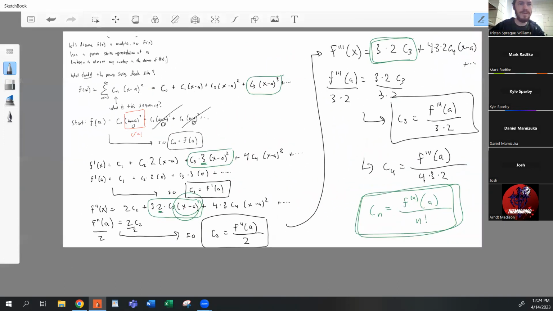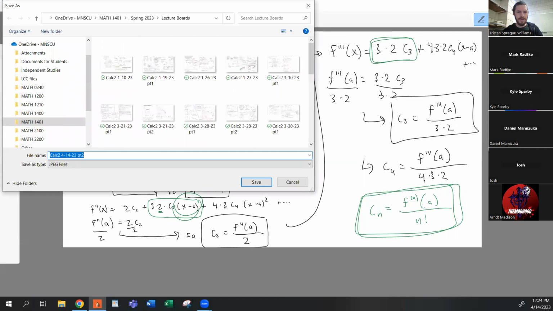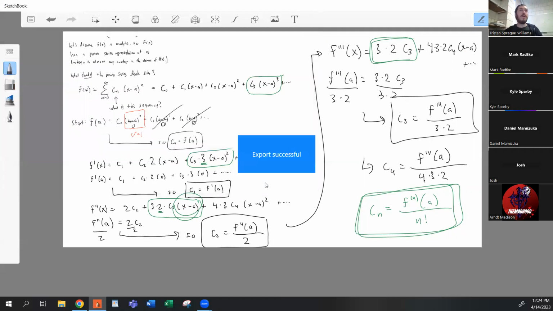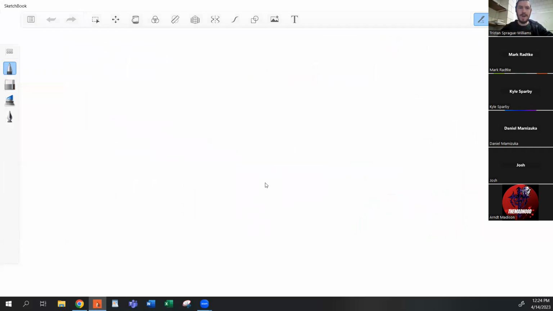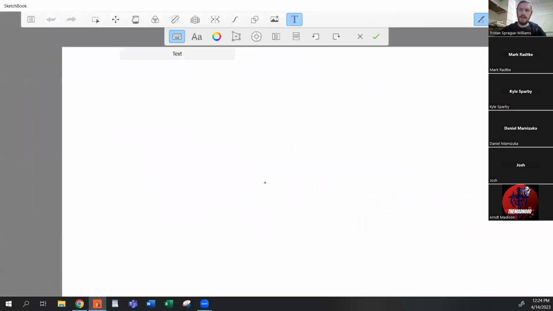All right, so now that we've discerned our general rule for this pattern, we now have a formula for the coefficients of a power series, if that power series exists.